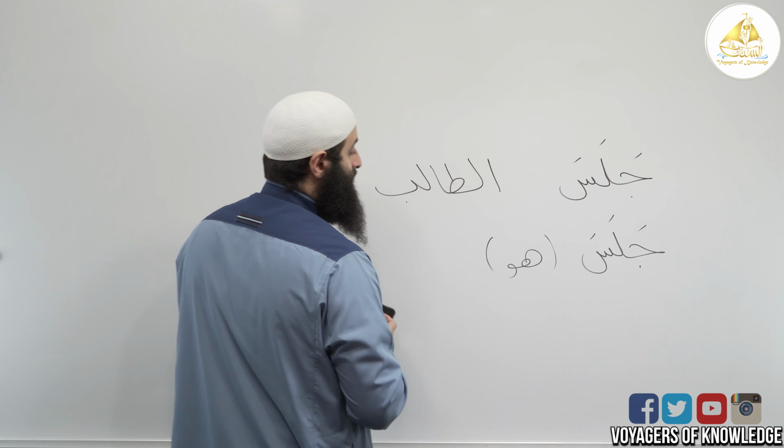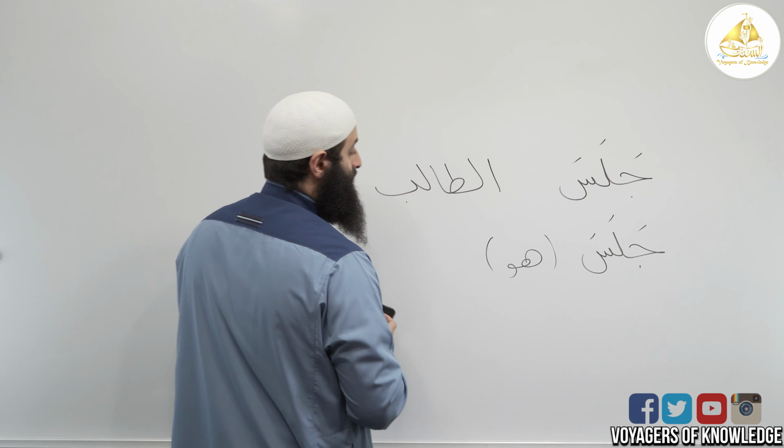And by the way, whenever you start a sentence with a verb, you're going to say this is the fi'l and this is the fa'il. Fa'il is always marfu'. If he's doing the action, he's marfu'.